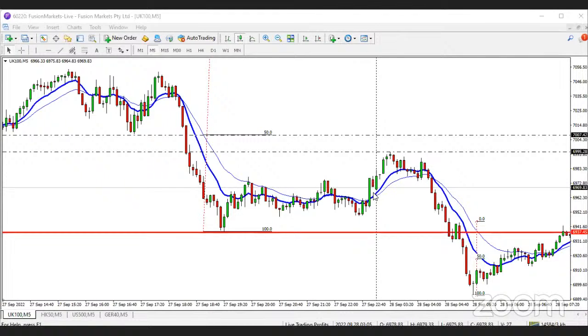One of the things I spoke about in the course is we need this inside candle to be closing, not as a breakout, but just below the high.